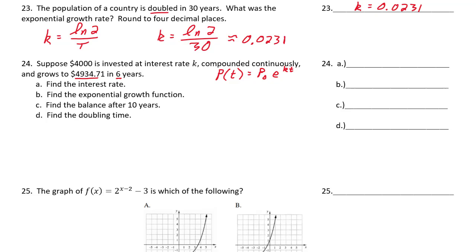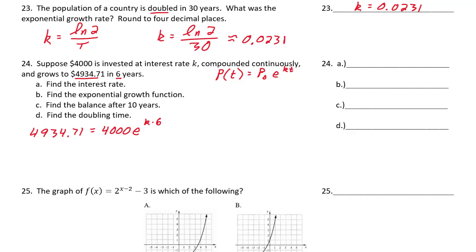So I'll just substitute those things in. So $4,934.71 should equal the initial investment, $4,000, times e to the k, which I don't know, but then times t. Well, this specific amount was related to 6 years.